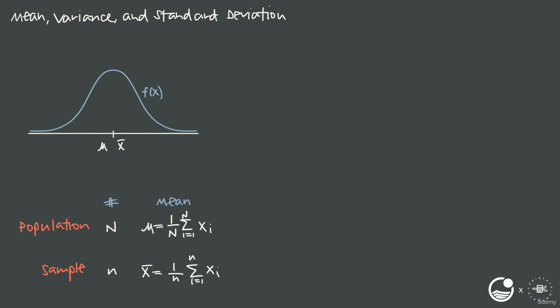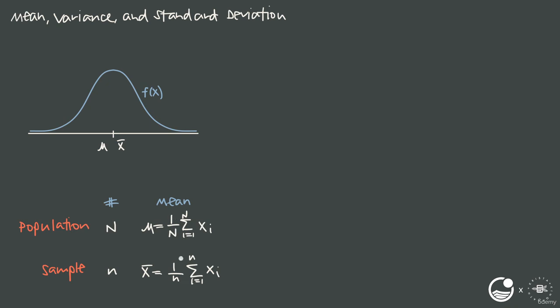And then the mean of the population is given by this formula here, whereas the sample is given by this formula. Notice that they are identical, except for two things. First, in the population mean formula, we're dividing by capital N, whereas in the sample mean formula, we're dividing by lowercase n.